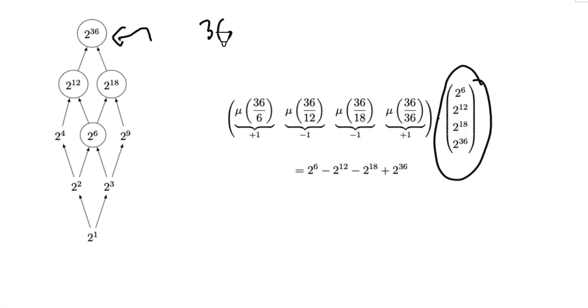And notice I've taken 36 divided by 36 at the top, and then down would be 18, 12, 6. Compute the Mobius mu function of those guys, get plus ones, minus ones, minus ones, plus ones. All right, and just attach it to that, and there we have it right here. This calculation right here would compute how many primitive binary bit strings there are of length 36.